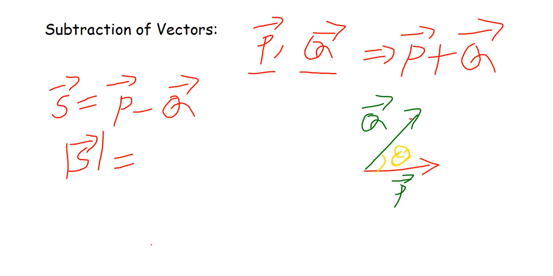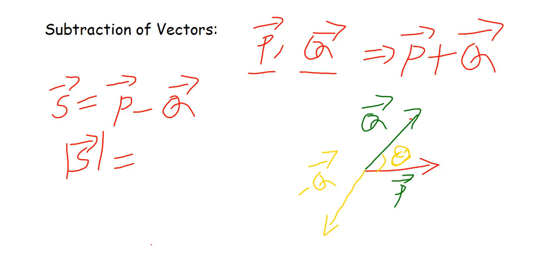Next, the negative vector of q bar is minus q bar, that is in this direction.